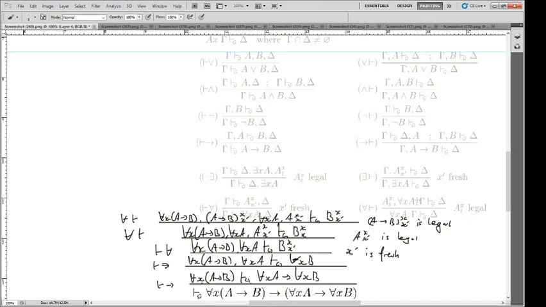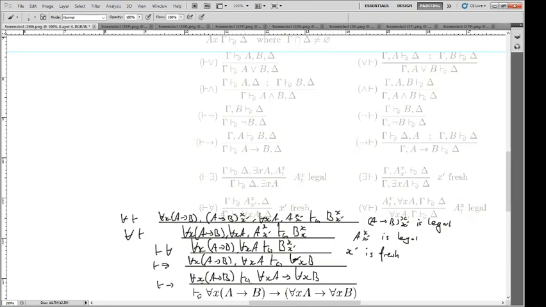Now we would like to apply the left implication rule, because then we can move the A onto the left side and the B onto the right side. And since we have an A on the left side and a B on the right side, this would solve the proof.